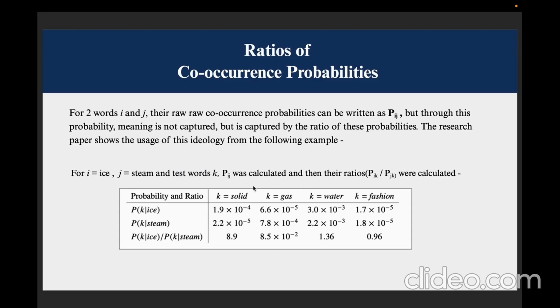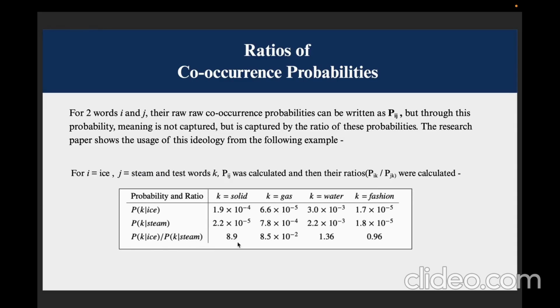This is a table from the research paper, where k equal to solid, gas, water and fashion are probe words. The k is used to generate the probabilities, where P(k given ice) and P(k given steam) are calculated, and then we calculate the ratio.